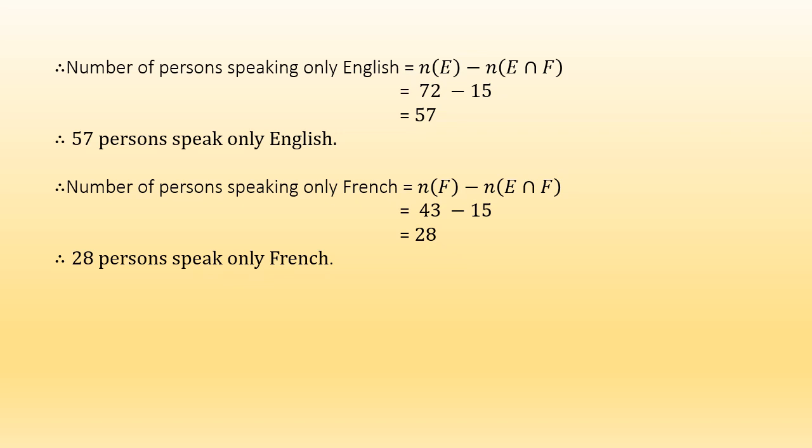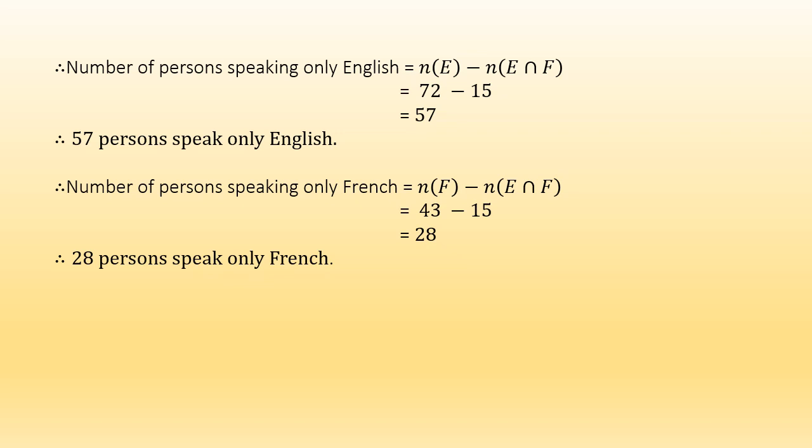So here we have learned how to find out the union part, that is the people speaking English and French both was given. We got the common part, that is the people who speak both the languages, and the number of persons who speak only English and only French. Whenever this term only is given, we have to apply the formula, that is a particular set minus intersection part.